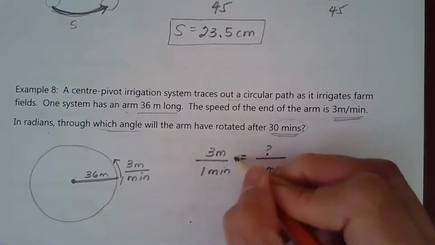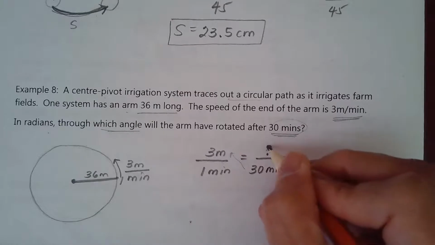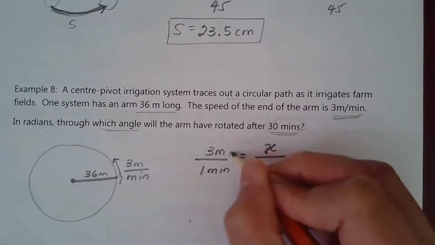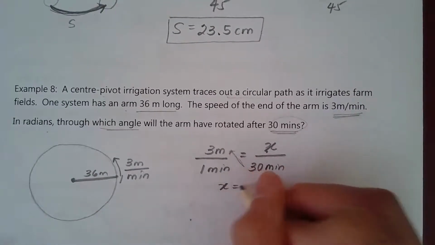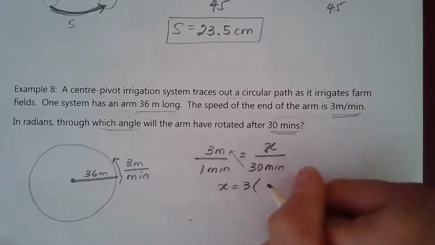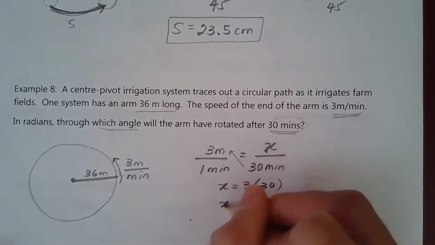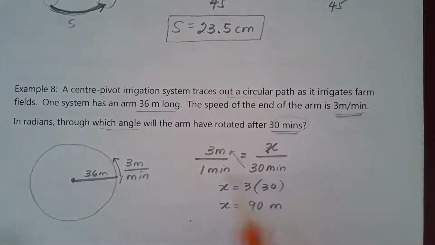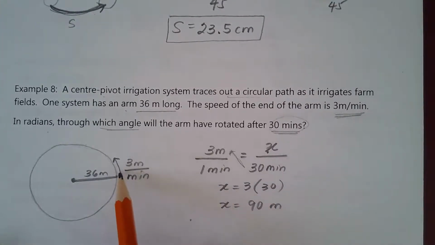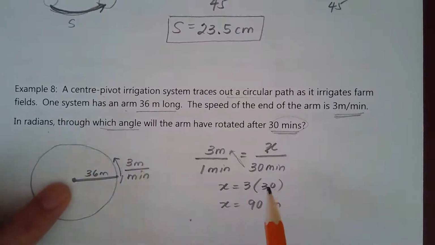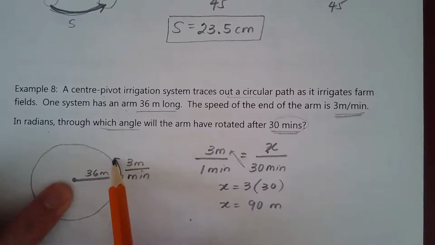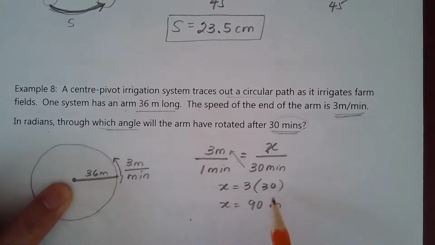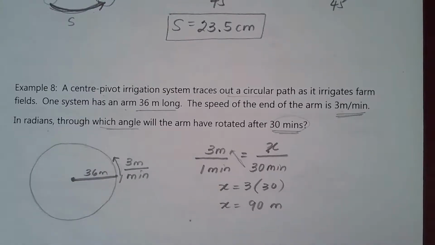If we cross multiply, that gives us x equals 3 times 30, which is 90 meters. So in every minute, it will turn 3 meters, 3 meters, 3 meters. So in 30 minutes, it's going to have turned 90 meters.